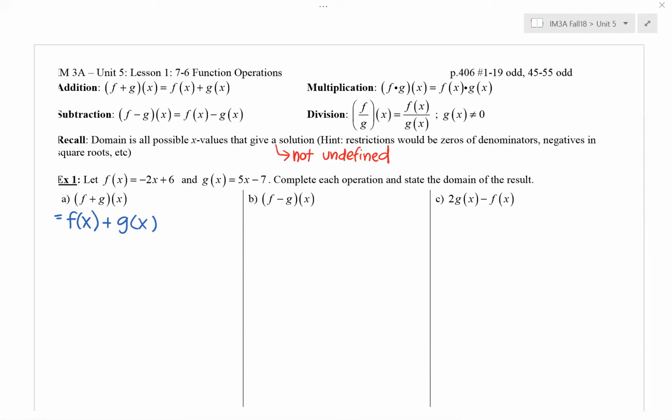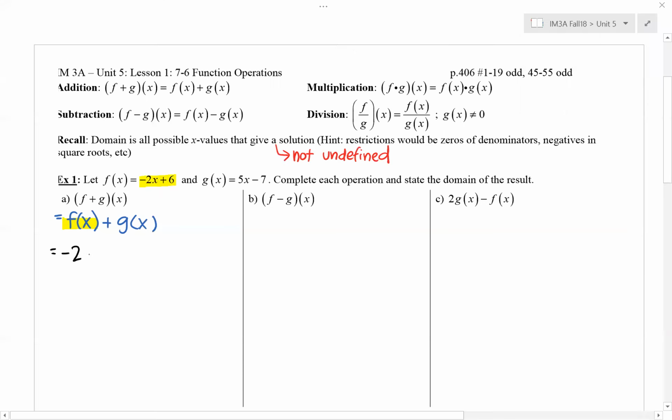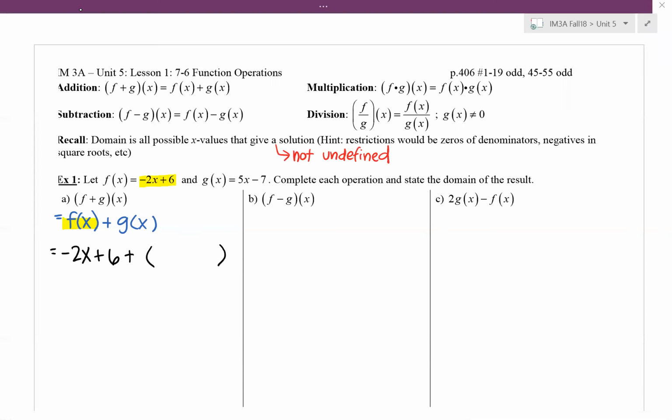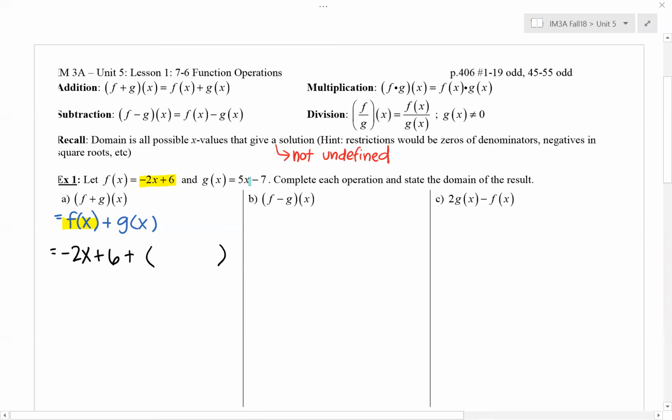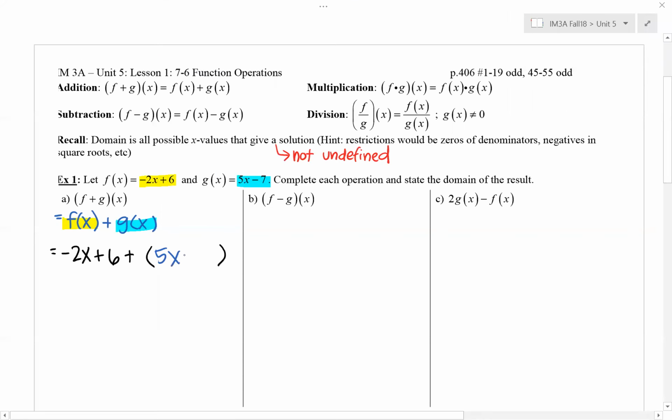And so within my equation, f of x is negative 2x plus 6. So I'm going to replace that with that expression, negative 2x plus 6. And I'm going to add that to g of x, which is 5x minus 7. When I'm adding, the second expression isn't changing at all, so I can really ignore my parentheses.